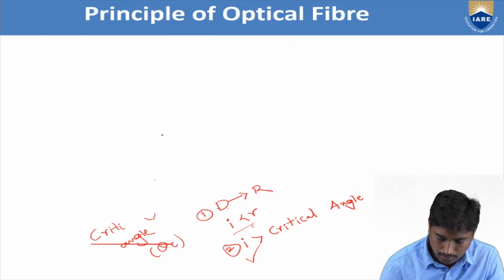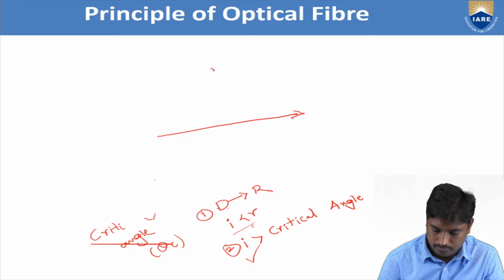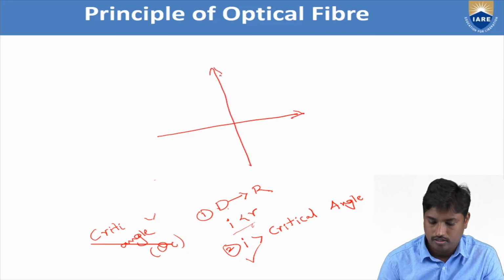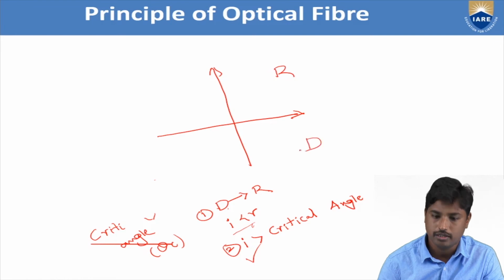This is a normal, this is the denser medium, and this is the rarer medium. This is an incident ray.